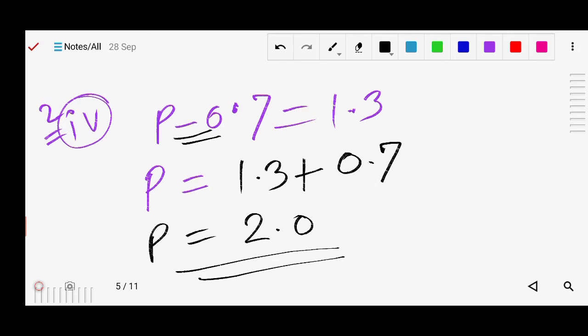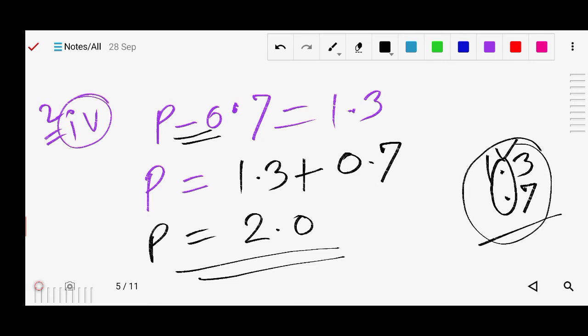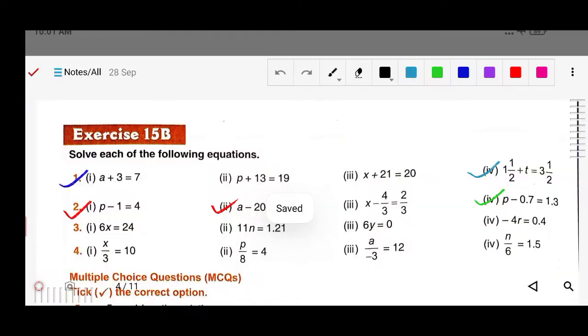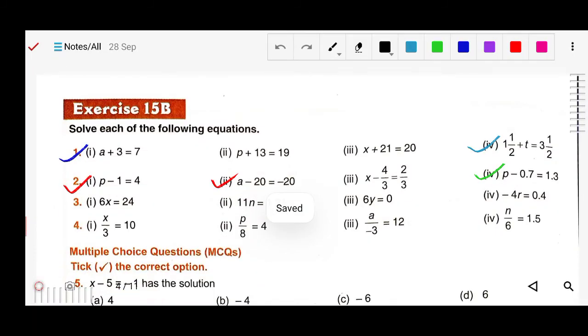It's very easy, you know how to add this, you can write it column wise. Then put the point in the same place, and then add. Okay, now next question, number 3.